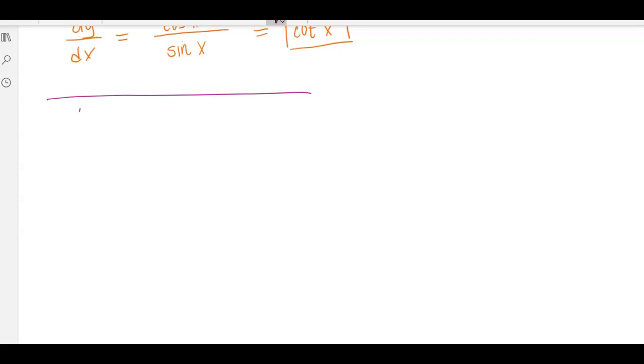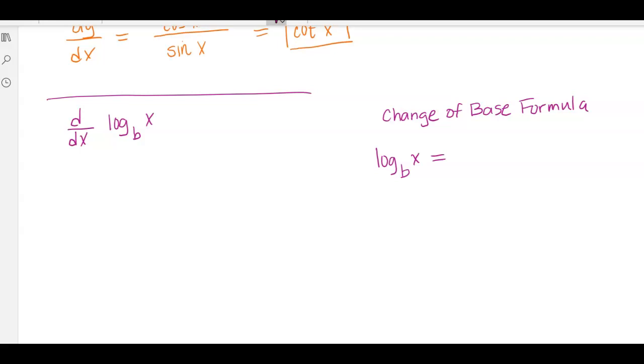So we want to find the derivative of log base b of x. We know that by the change of base formula, something that is used not very frequently anymore, we can rewrite a log with any base as a ratio of logs with the same base number.